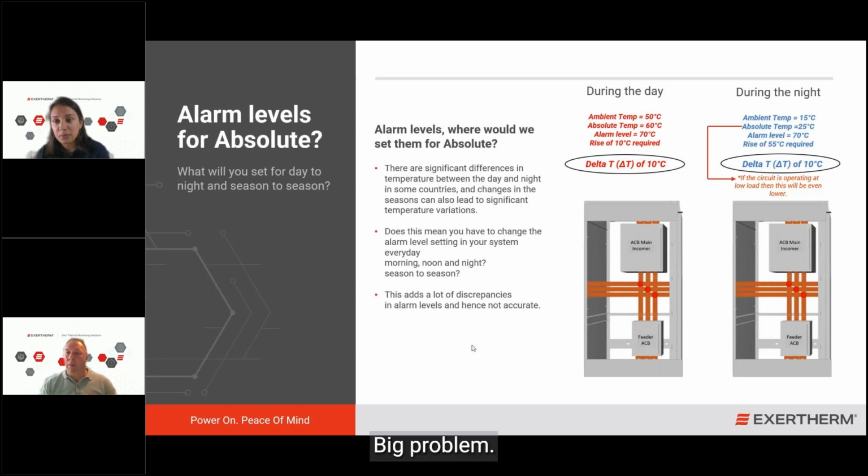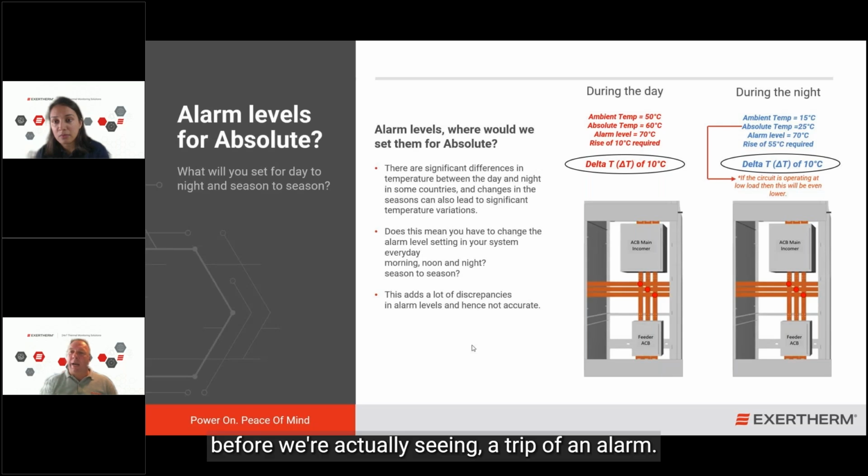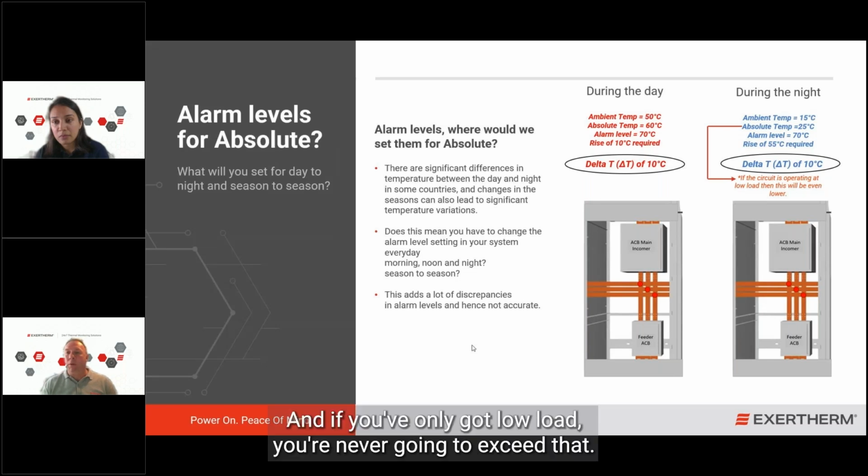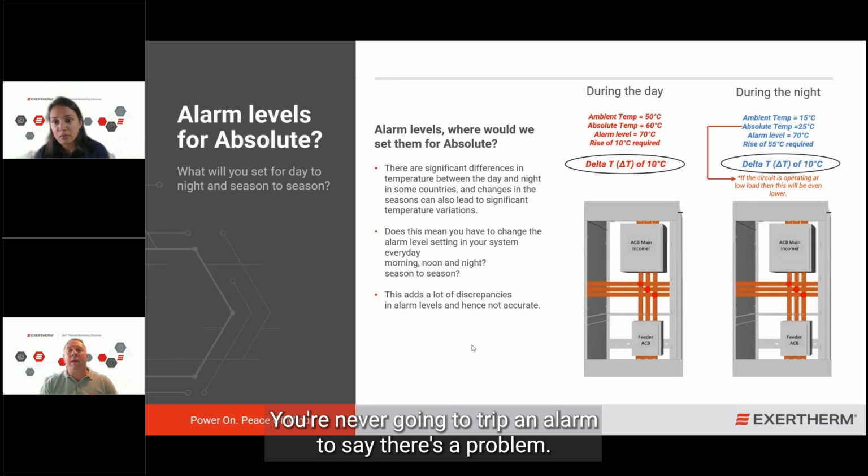Big problem. You're looking at a 50 odd degree rise before we're actually seeing a trip of an alarm. It's a big problem. And if you've only got low load, you're never going to exceed that. You're never going to trip an alarm to say there's a problem.